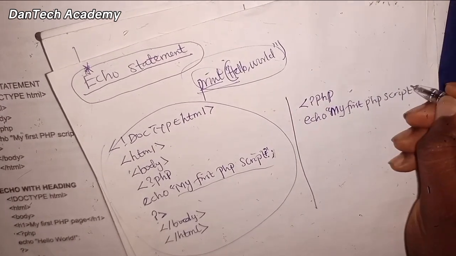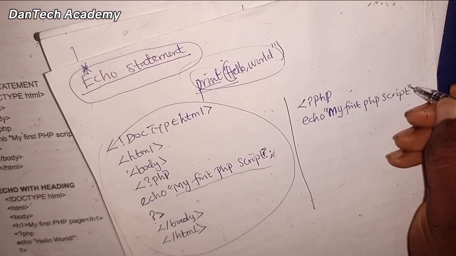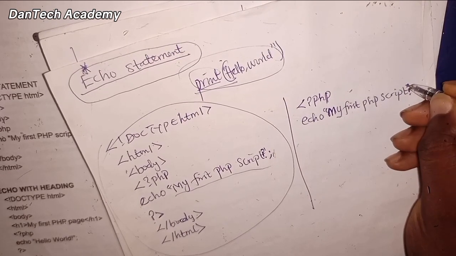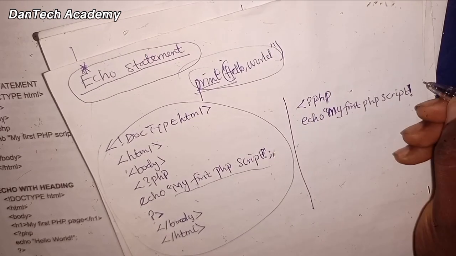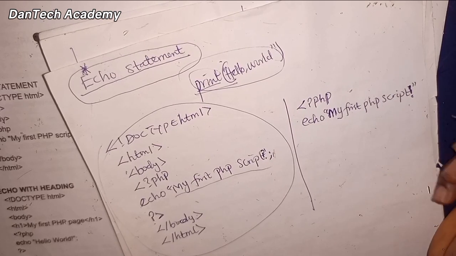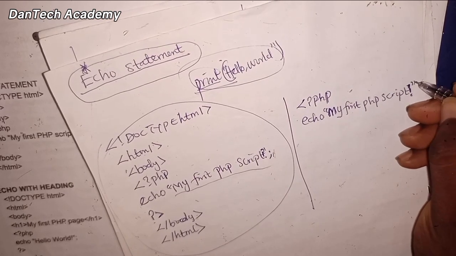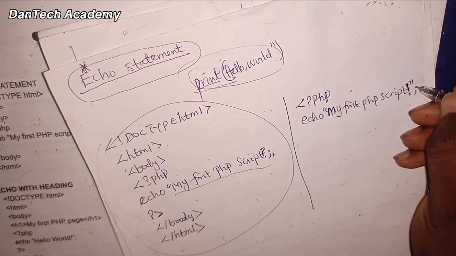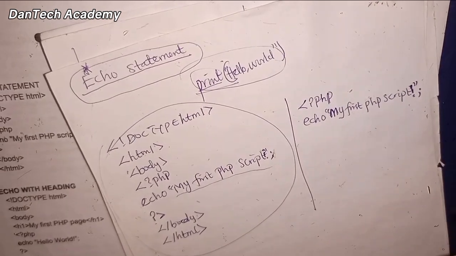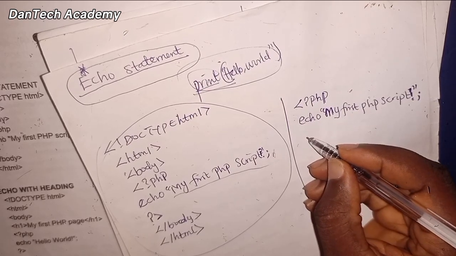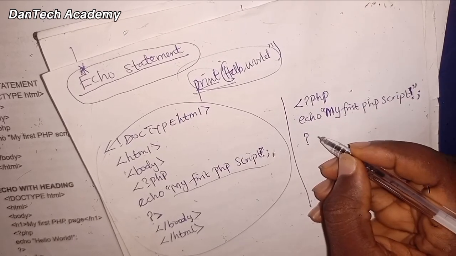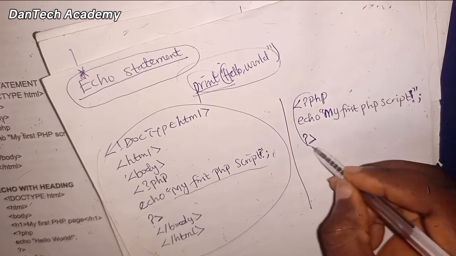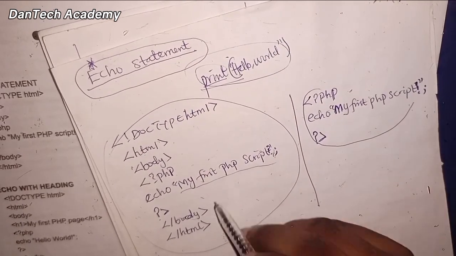Okay, so I will just come here and put this exclamation mark, close the double quote again, and do a semicolon. Then the next thing I want to do here is to close my PHP tag. If you run this one and you run this one, it will give you the same answer.